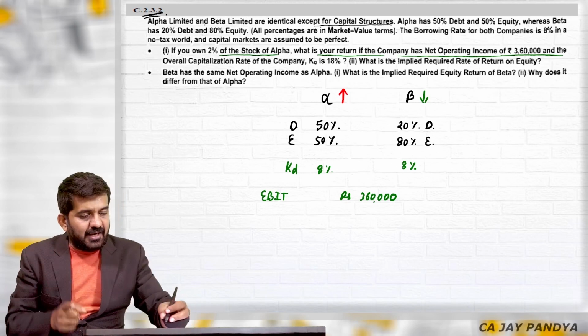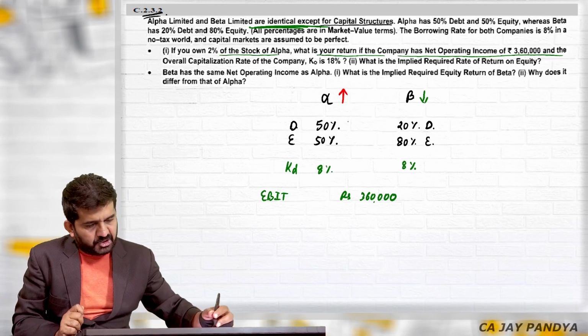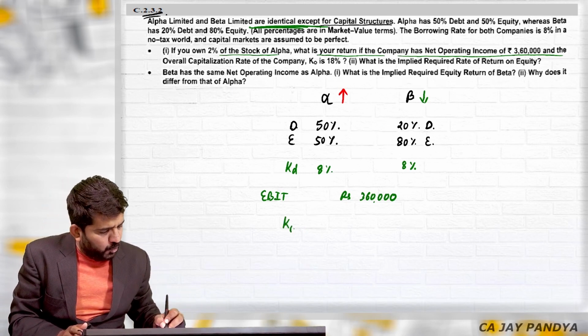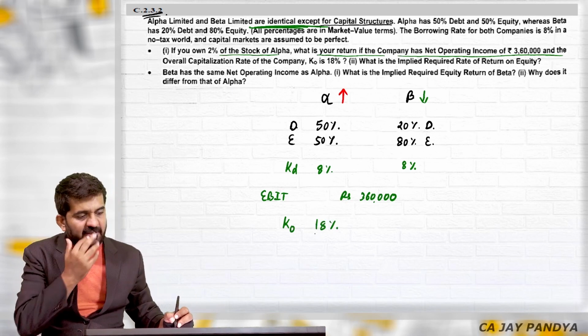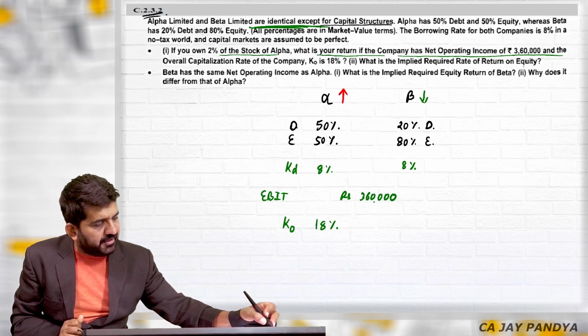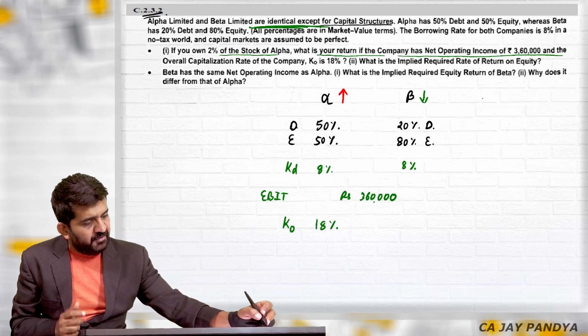Why? They are identical in all respects except capital structure. And the overall capitalization rate KO of Alpha is 18%. What is the implied required rate of return on equity for Alpha Limited and for Beta Limited?